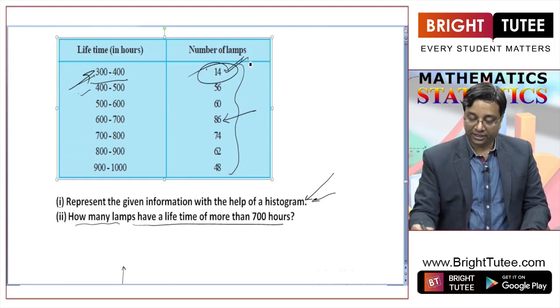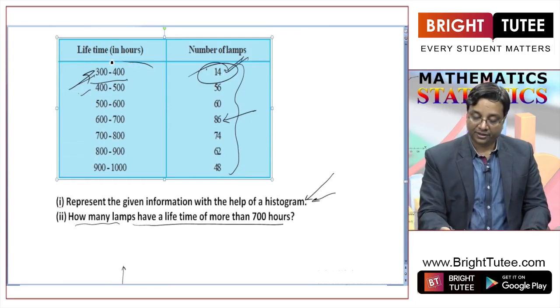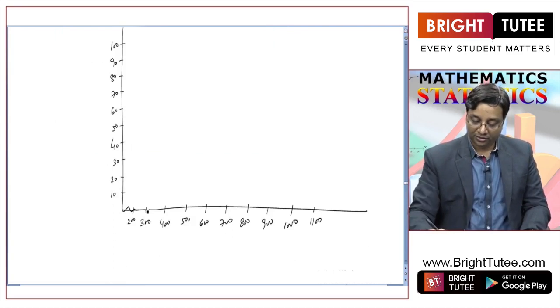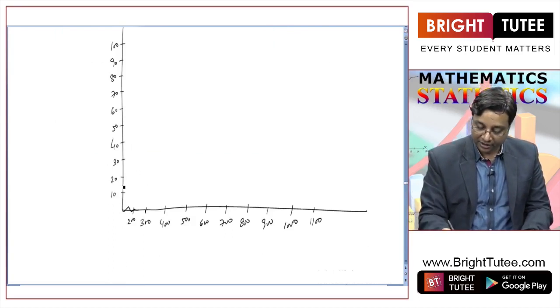Okay, so 14 is the number for 300 to 400, so let it be here. This is 14. So for this class 300 to 400, this will be the height, right?